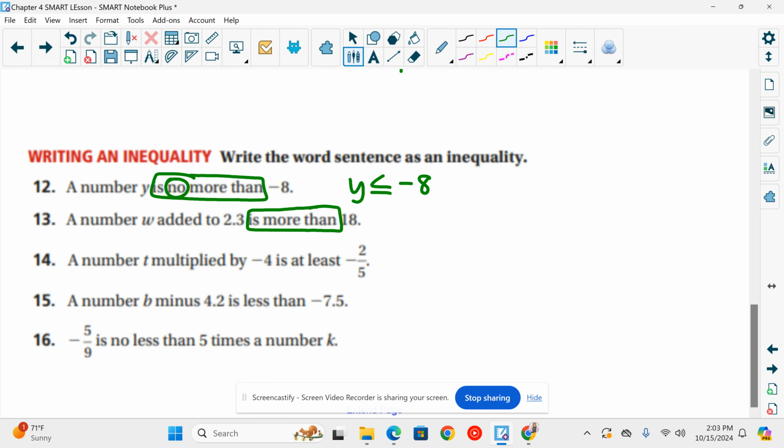What sign is more than? Greater than. Represents greater than. So, greater than 18. How am I going to write this part of the phrase? W plus 2 3/10.